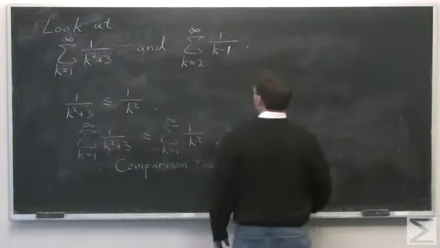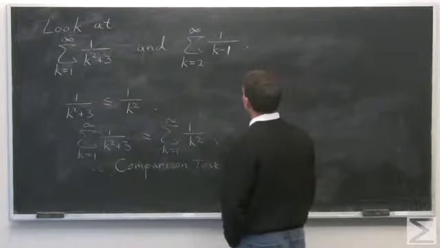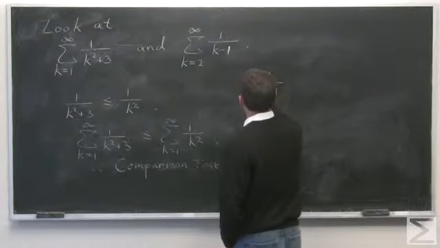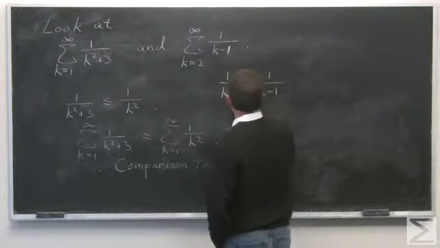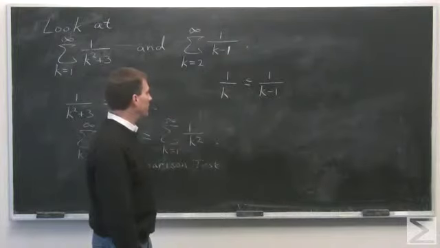At the same time, yes, it's true, if you write out those terms, you'll see it's actually the harmonic series, but another way to look at it is that 1 over k minus 1 is greater than or equal to 1 over k. We've made the denominator smaller, which makes the fraction bigger.